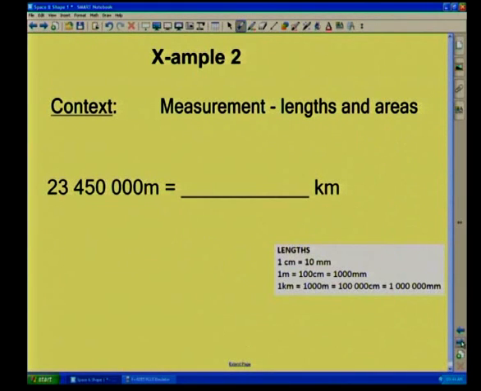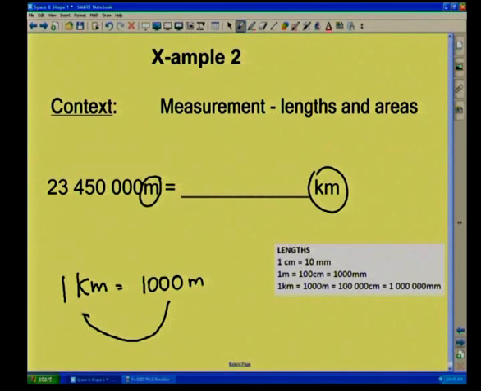Let's look at the next example. This one, we're going from meters to kilometers, and we need to know that 1 kilometer is equal to 1,000 meters. We are going this way, we're going from meters to kilometers, so I need to divide by 1,000.